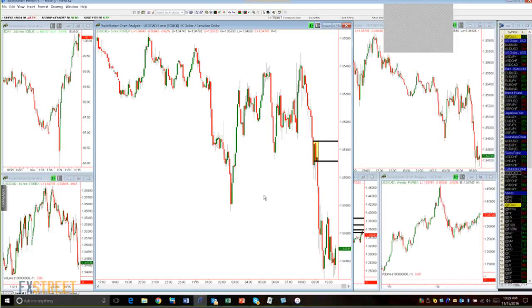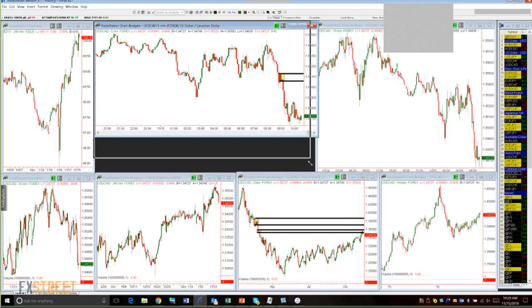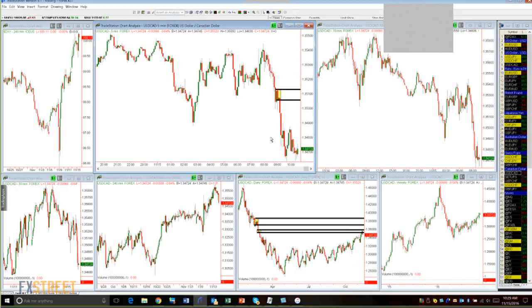If you're longer-term trading the forex market and holding on to positions for a few days to a week or so, no problem. Spot forex is probably fine for that. All right, so I think we're clear on the Canadian dollar. Long term, we found some supply levels to short against, and small time frame as well.